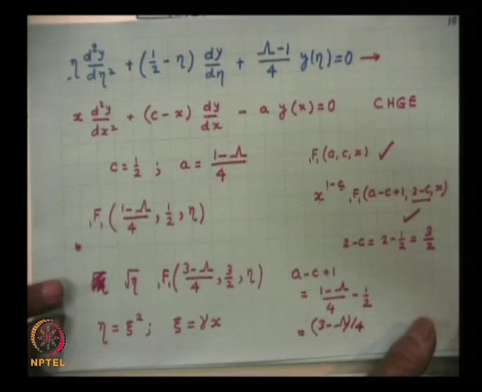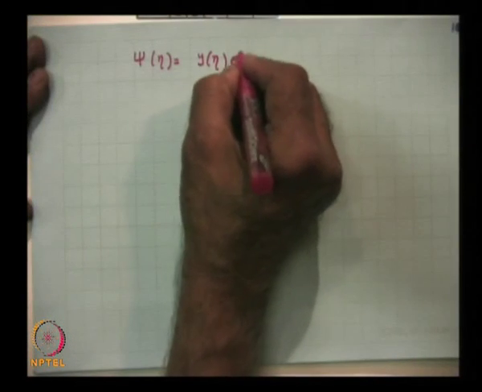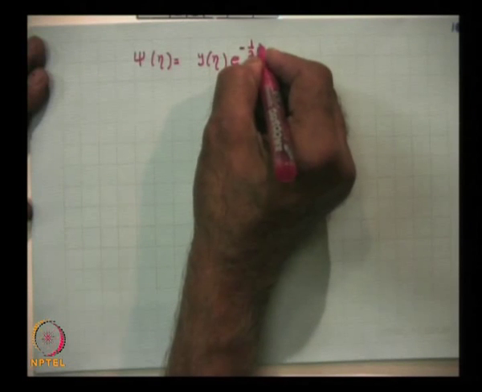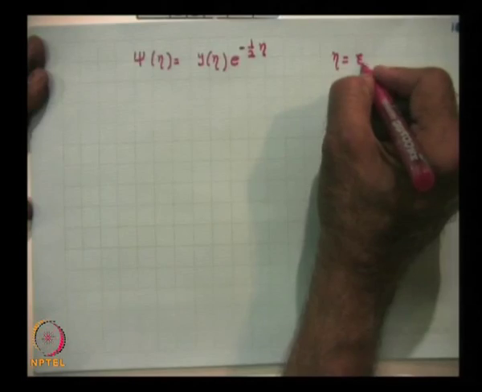So, now you remember that we had assumed psi of eta was equal to y of eta e to the power of minus half eta, and eta is equal to xi square.